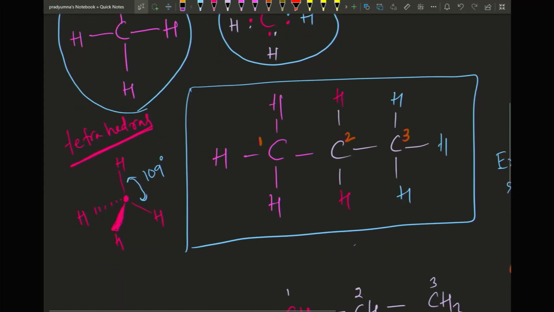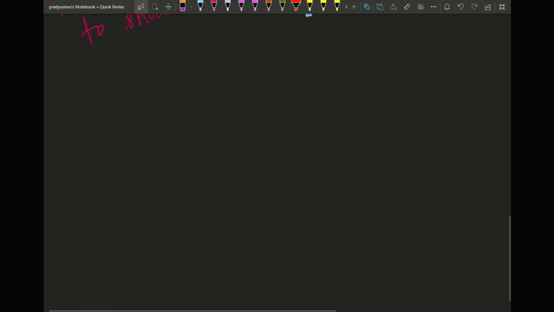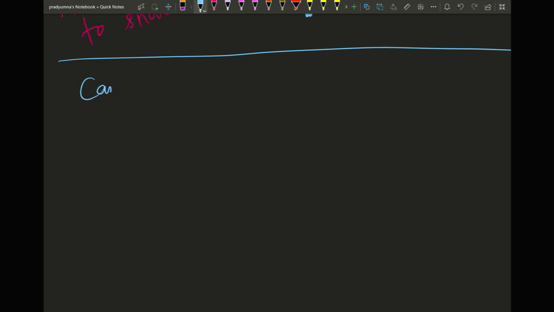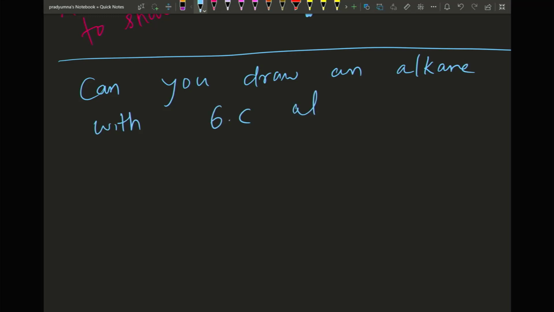All right, so let's do one quick example. We're gonna talk about nomenclature in the next videos, but can you draw an alkane with 6 carbon atoms connected linearly?